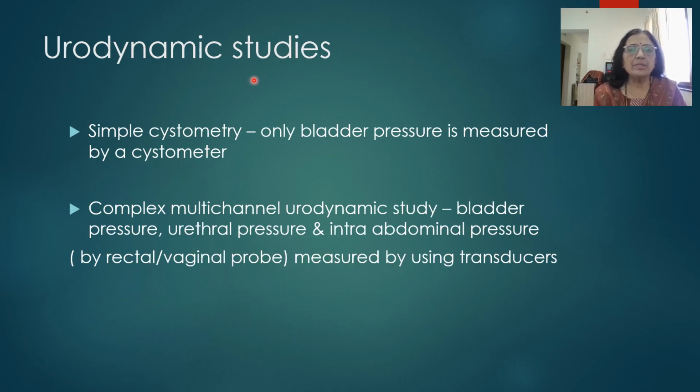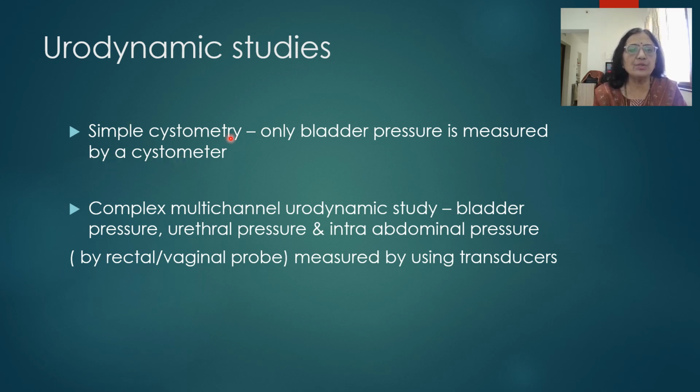Now, urodynamic studies. What are the urodynamic studies? In detail, we want to know bladder function as well as bladder capacity, and urethral function, urethral capacity. That is in short called as urodynamic studies. There are two types of these urodynamic studies.